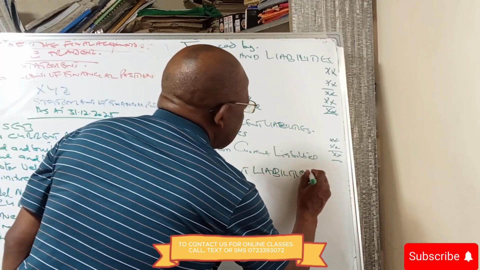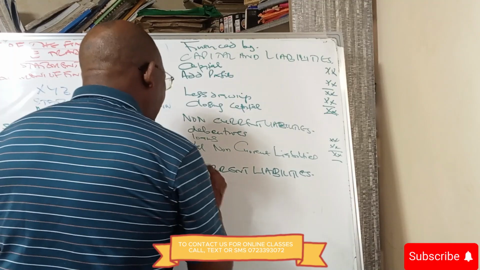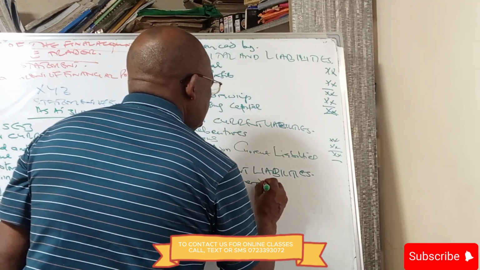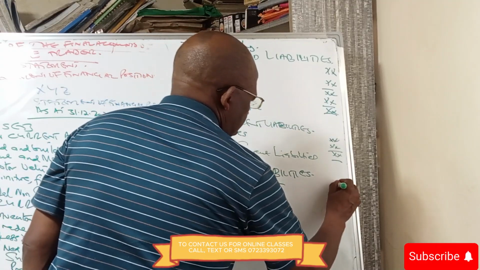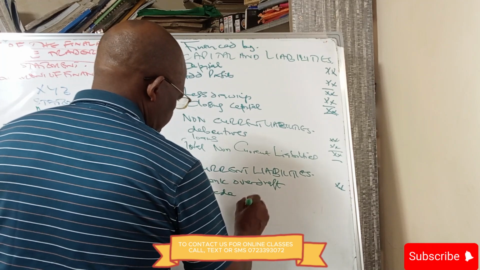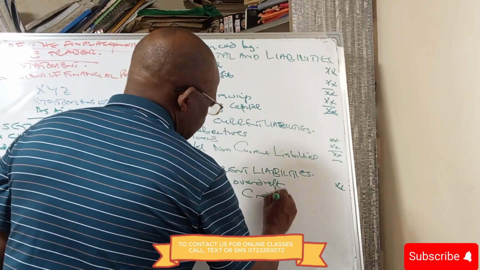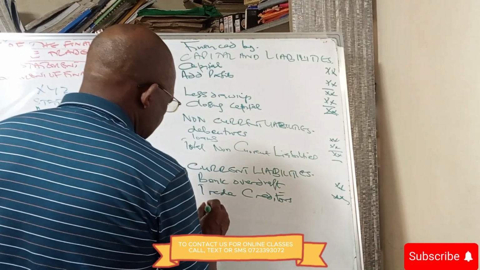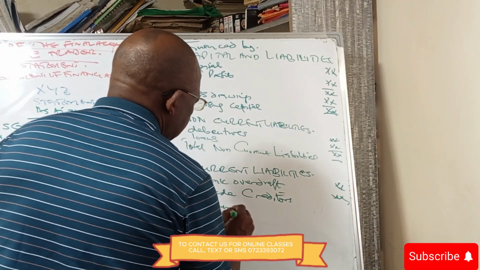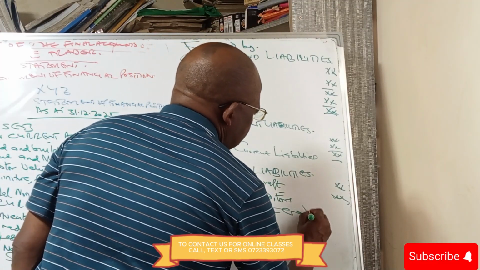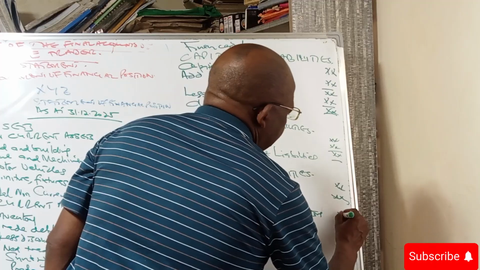Current liabilities, please mark, they include bank overdraft. They include trade payables or trade creditors. And then we say sundry or other creditors.